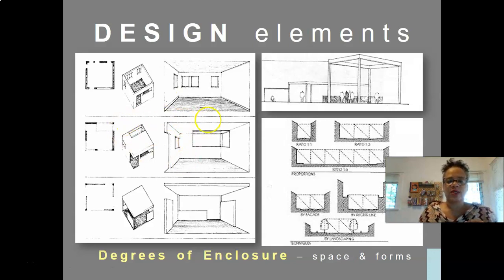Even though this room is the same size, because they've opened the space up, it feels like a larger degree of enclosure. And then the final image, even more larger degree of enclosure because there are very little walls. So degrees of enclosure can have to do with actually physical space being opened up or the tightness or openness of a space.